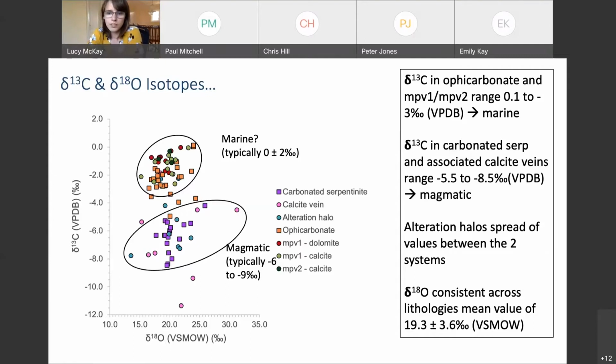So it indicates two different systems. But the delta 18O values are actually surprisingly consistent, with a mean value of 19.